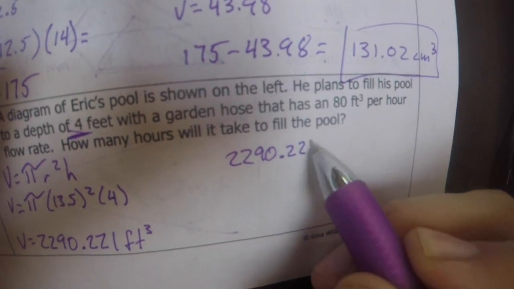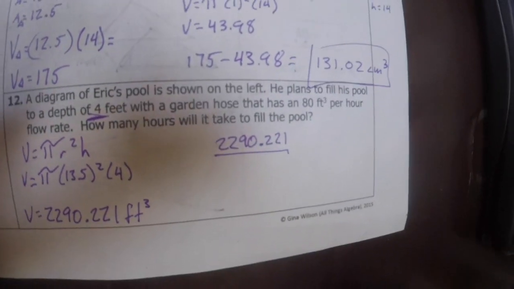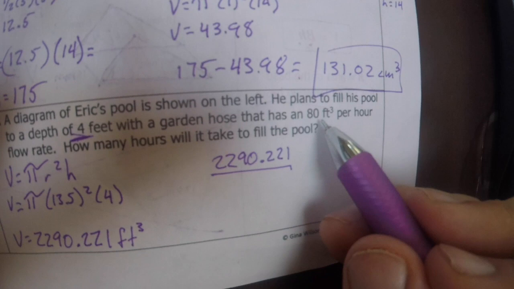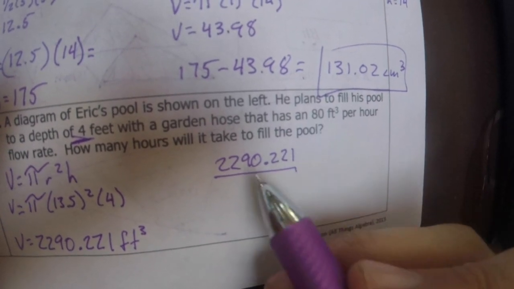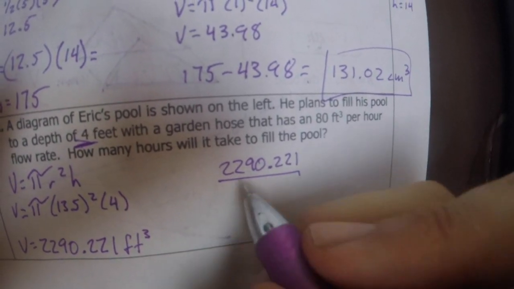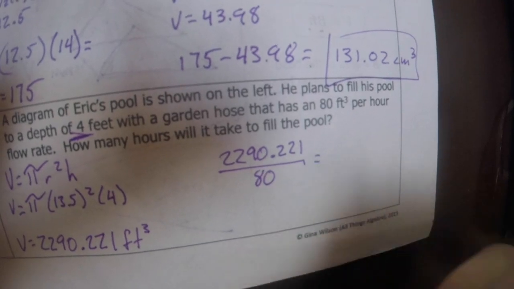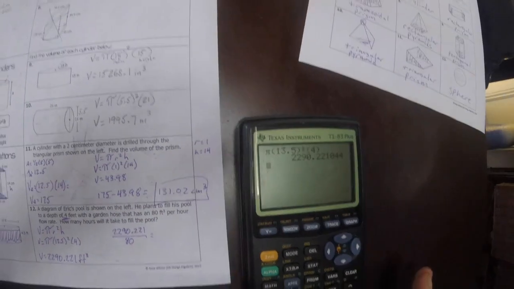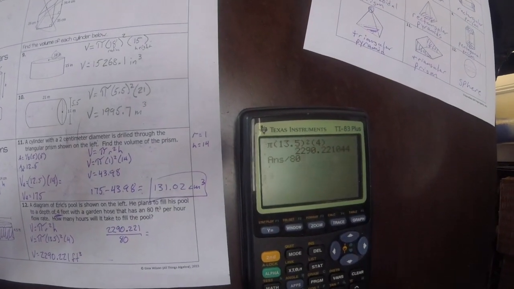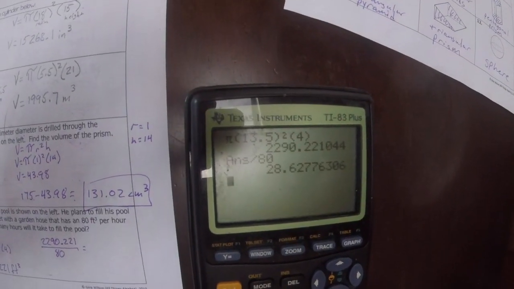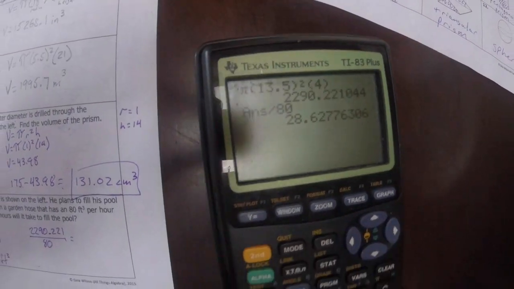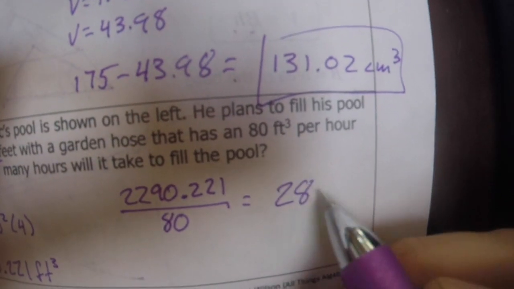Well, there's a pretty easy solution to this. If there's 80 feet going in per hour, and I need to get to 2290, all I got to do is divide, and that's going to tell me how long it takes to fill the pool. It's going to take 28.63 hours. That's a long time.